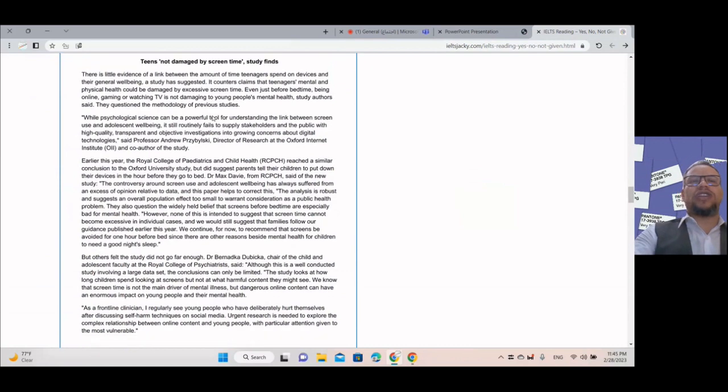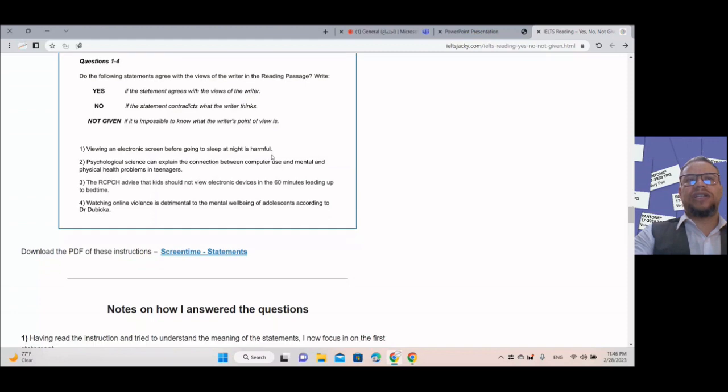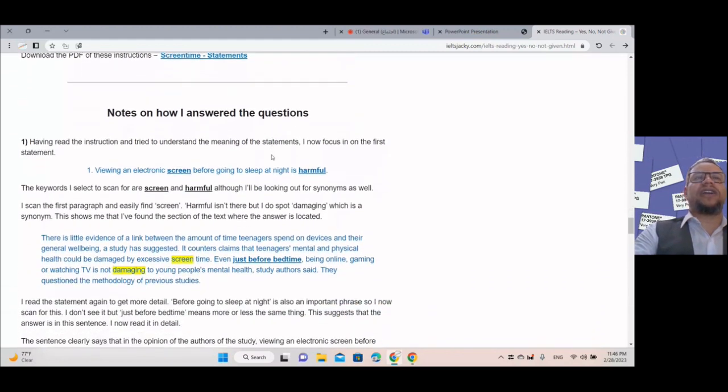What is mentioned in the question is that it is damaging, it is harmful. This is a claim, by the way, so the writer replied to the claim in line 5 of the passage that this is not damaging, not harmful. So the answer of number 1 is no.